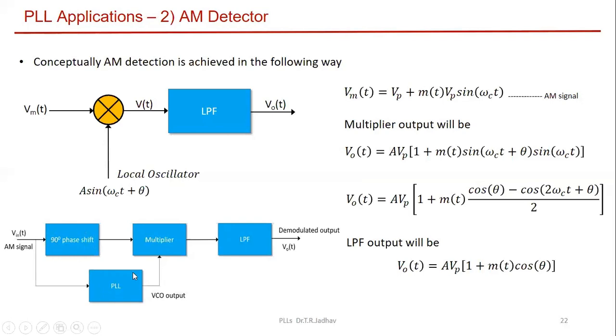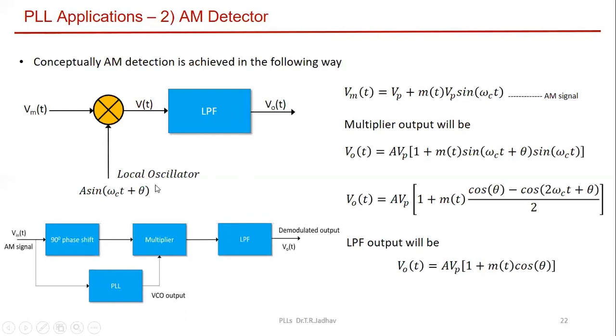The reason is when we use a PLL, the output of the PLL is always 90-degree phase shifted. So when we give the AM signal and use the PLL as a local oscillator, the VCO output will be 90-degree phase shifted. So to match the phase, we deliberately introduce a 90-degree phase shift here, which we have not shown here. And then we have the multiplier block and low pass filter block.